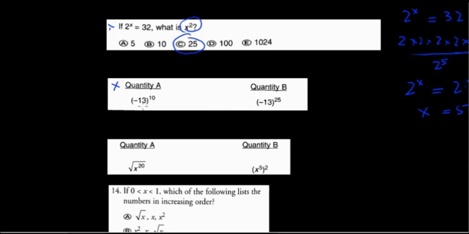I know this quantity would be positive because it's an even power, and this would be negative because it's an odd power. So the answer here is A. See, you didn't have to pull out a calculator to do this. You just had to look at how the even and odd powers will lead to the proper signs.